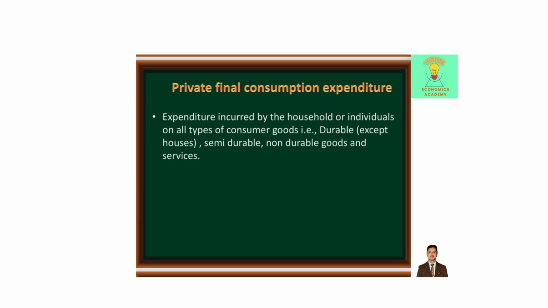Whatever expenditure is incurred by the household on all types of consumer goods, that may be durable, semi-durable, non-durable goods, except houses. Why except houses? That I'll come to later on. Do remember why houses are excluded. So the amount spent on all these goods and services by private households or an individual is private final consumption expenditure.